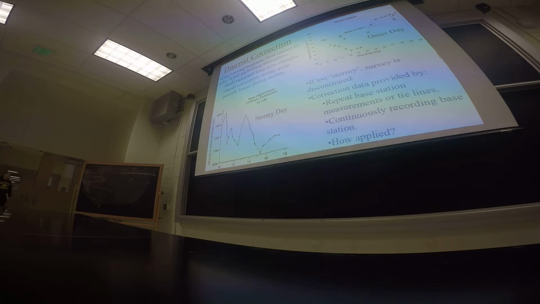The answer is yes. We assume that the time-dependent changes are due to something over a large area. So as long as the base station is relatively close to where you're doing the measurement, we're basically making the assumption that any changes that we see from here to here don't matter.